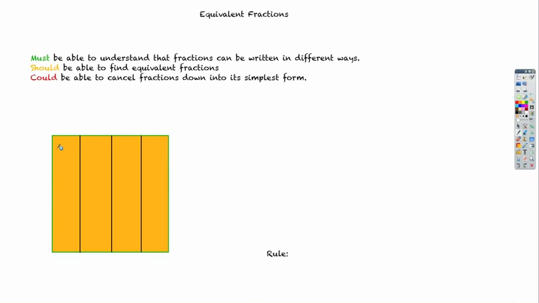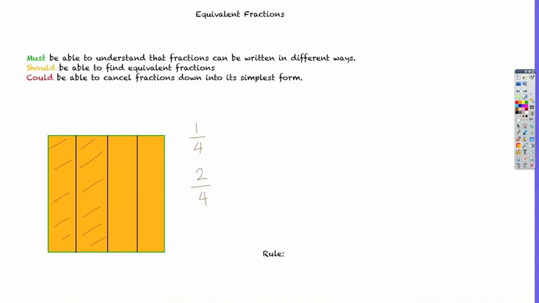So one of these sections is equal to a quarter. It's 1 out of 4. Okay, if I was to shade in 2 of them, that's 2 quarters. Okay, we can see that by shading in 2 quarters, it's the same as shading in a half.